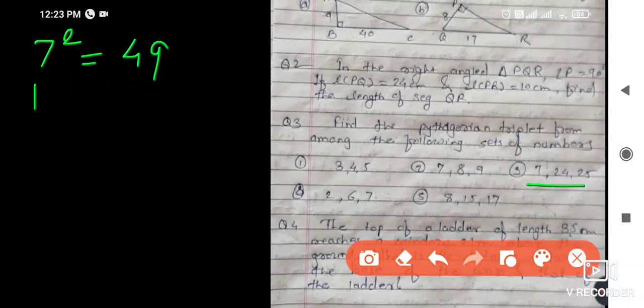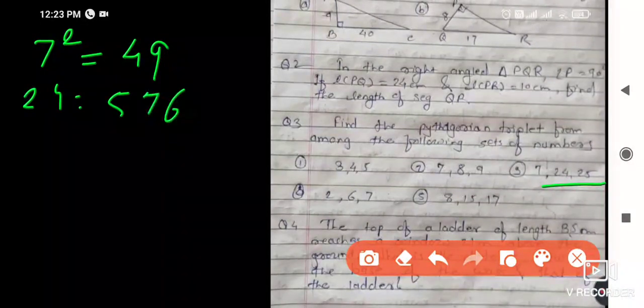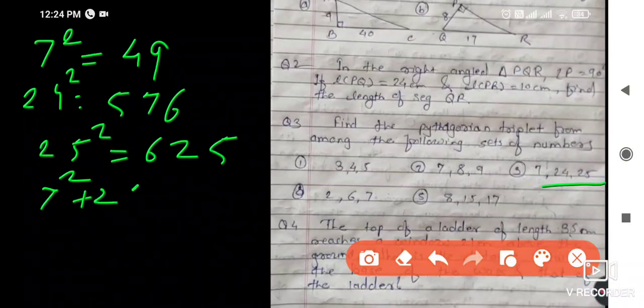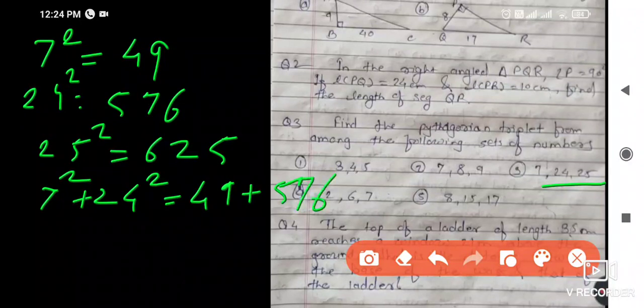For 7, 24 and 25 we are checking whether it is a triplet or not. So 24 square is 576, and as you know 25 square is 625. Now add 7 square plus 24 square. 7 square is 49, 24 square is 576, and the sum of this is 625. 625 is the square of 25.